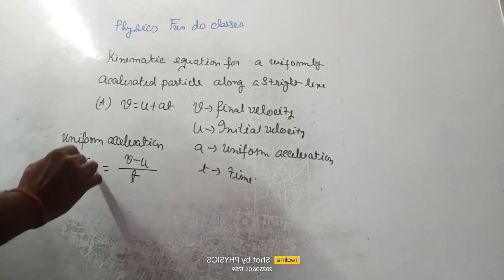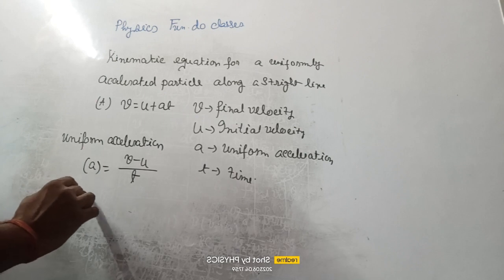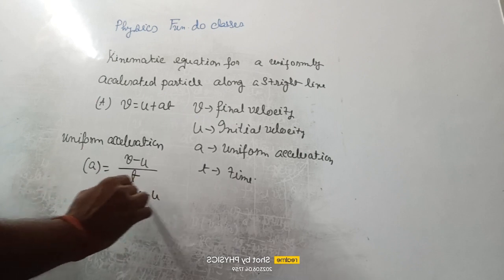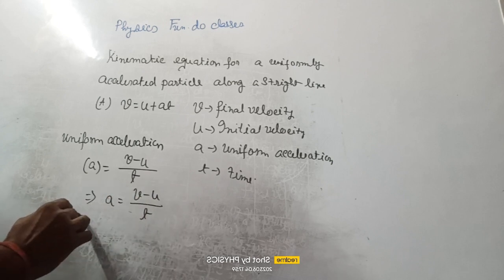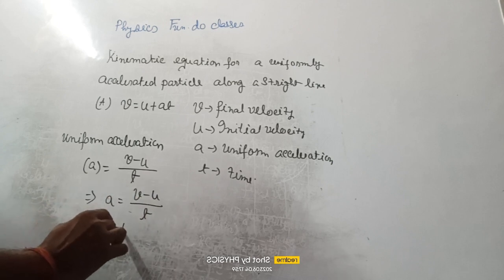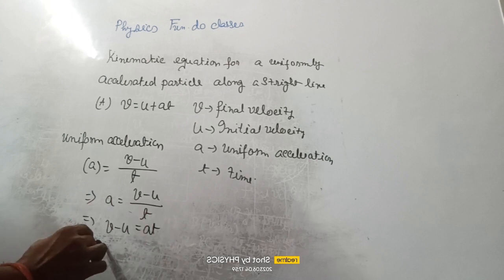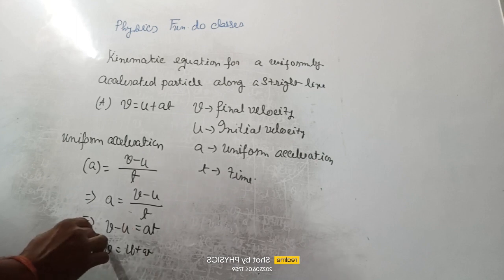Now here acceleration is a, so a is equal to v minus u by t. So here v minus u is equal to at and v equals u plus at.